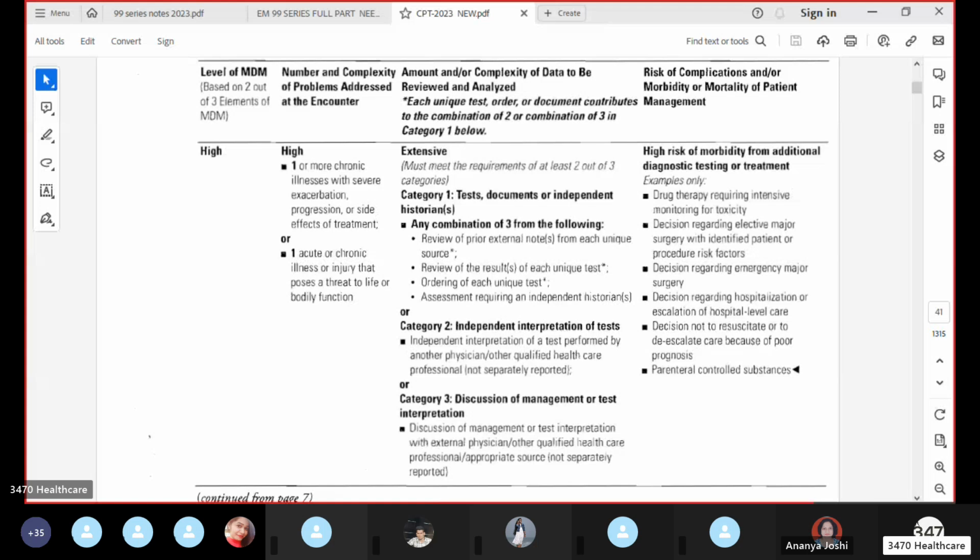In the 3 categories, any one met, it is moderate. Any 2 met, it is high. Okay, good.